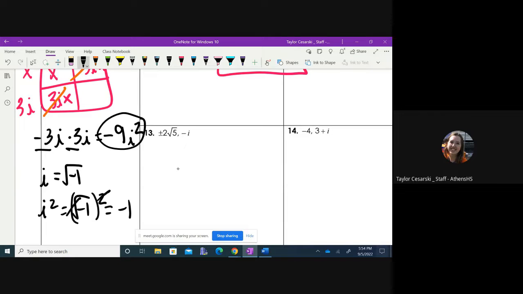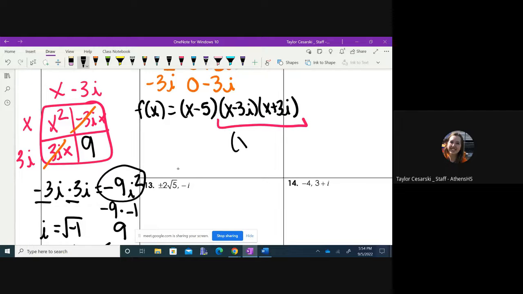So this turns into negative 9 times negative 1, which is a positive 9. Okay, so that's x squared plus 9. And think about if you were to set that equal to 0, x squared equals negative 9, and take the square root, positive or negative, that would give you a positive 3i and a negative 3i.